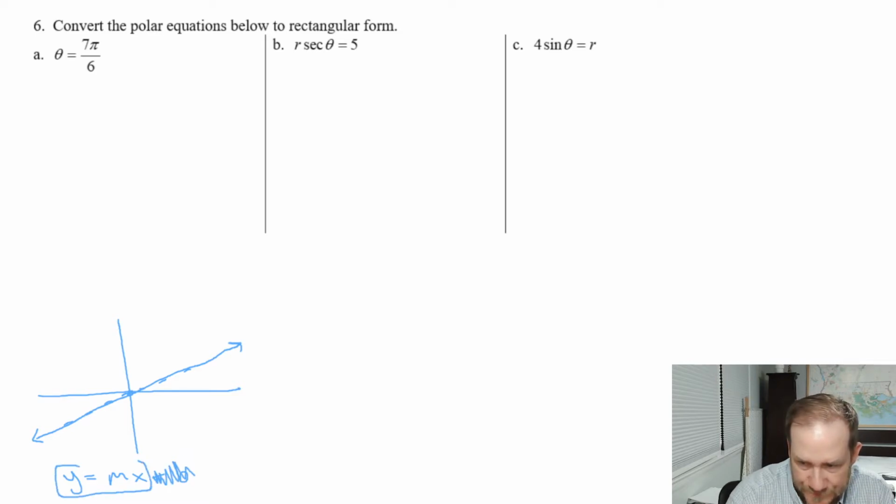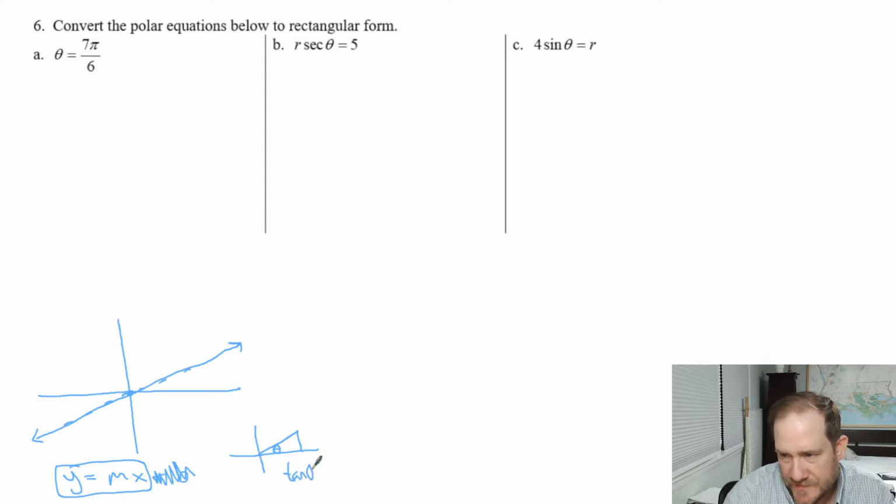So if you stop for a second and think about tangent, the tangent of an angle is what? Y over x, opposite over adjacent. It's the rise over the run. So you can think about the slope of a line as being the tangent of the angle that that line forms with the x-axis.